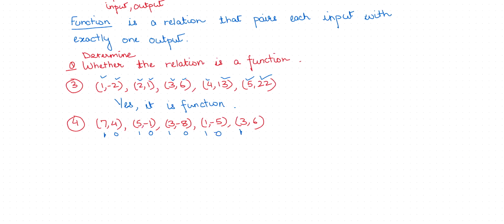So we can see that the input 3 has two outputs, negative 8 and 6. For a relation to be a function, every input should have only one output. So this is not a function.